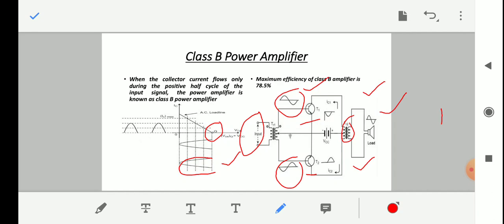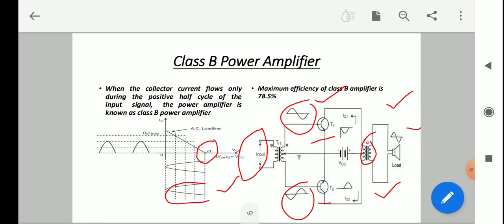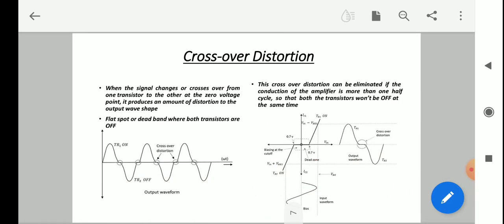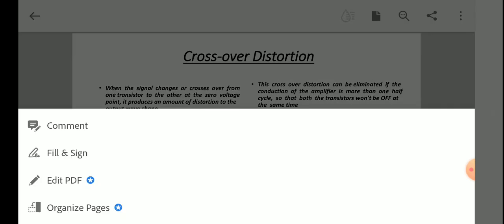So due to these two split half cycles of current, the class B amplifier suffers from heavy signal distortion, and that distortion is known as crossover distortion.